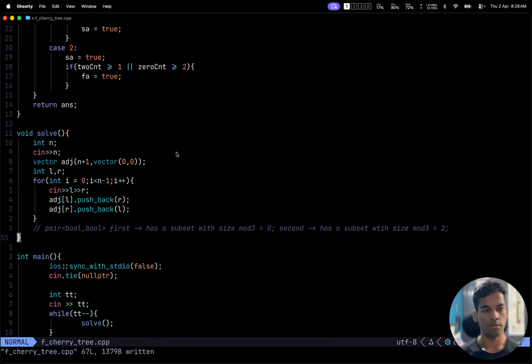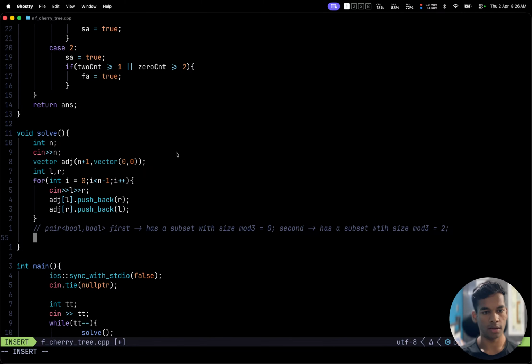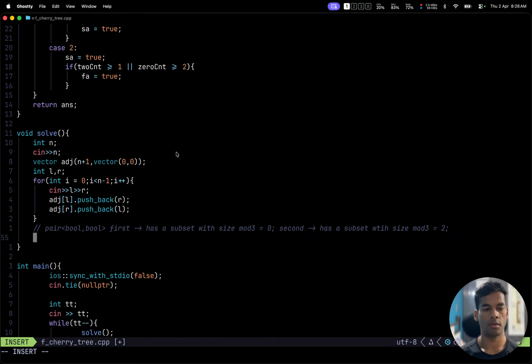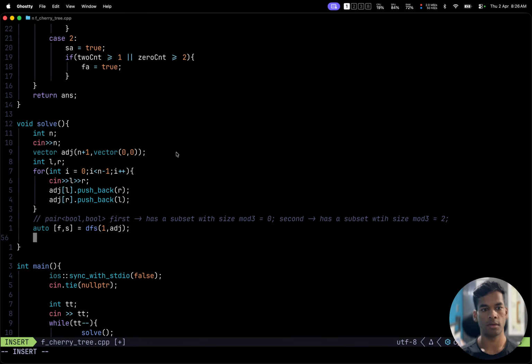Okay. And first, second equals DFS on 1 passing ADJ. Cout depending on f.